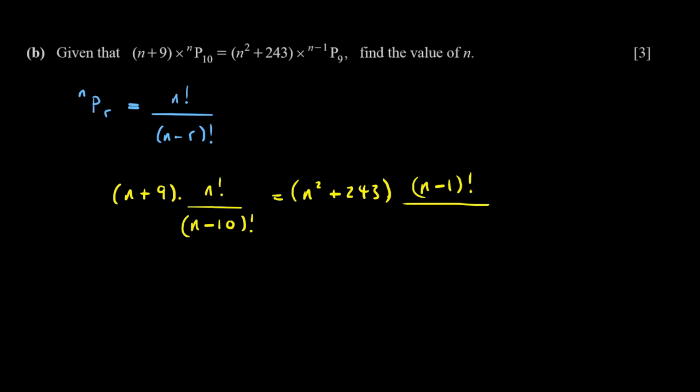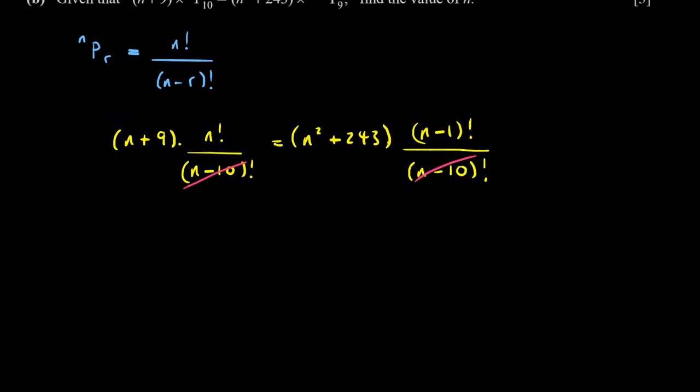And n minus 1 minus 9 is the same thing as n minus 10 factorial. Well, hopefully what you can see is on both sides, we've got an n minus 10 factorial, right? So if we multiply both sides by n minus 10 factorial, then those are going to cancel off.